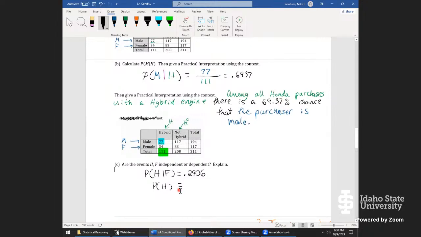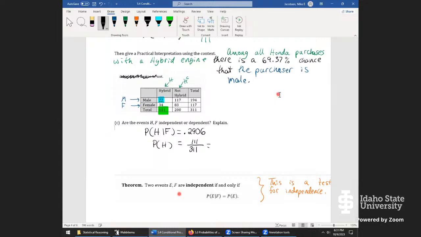Probability of H is not terrible, but it's definitely going to have a different denominator. If we're saying just probability of one event H, then that's amongst the 311 participants in the whole study. That's our new denominator this time. H is having a hybrid engine, so we go to this column. We'll grab the total of 111 for that numerator.